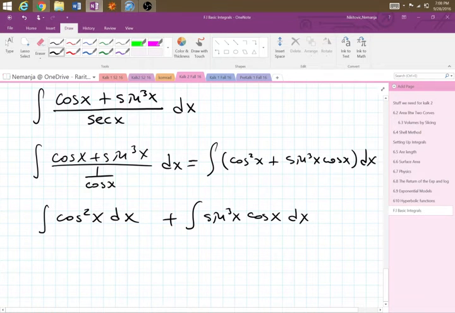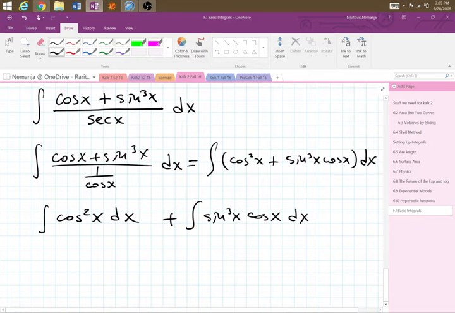Now what? Cosine squared. We're dealing with a double fraction. Bring the denominator to the top.